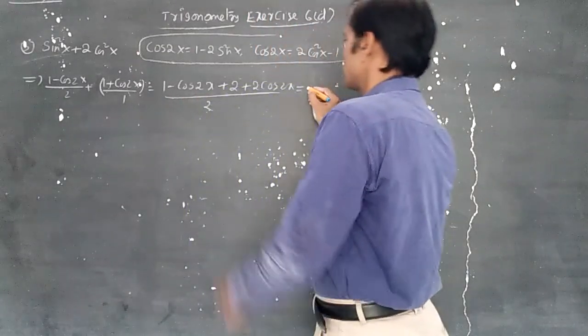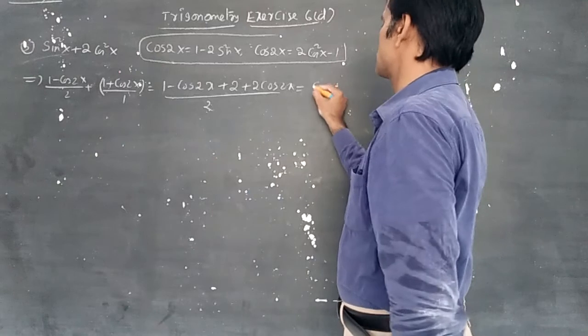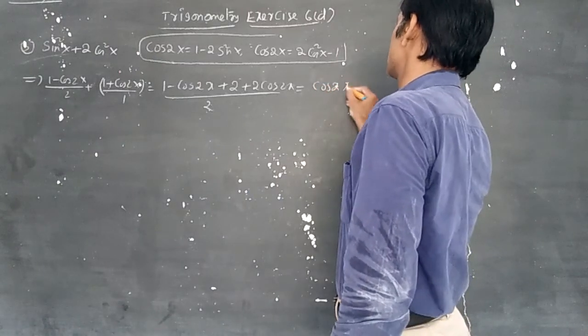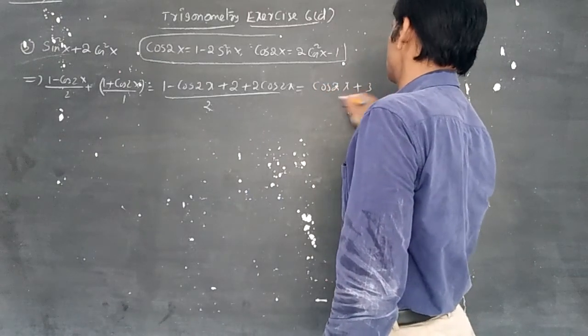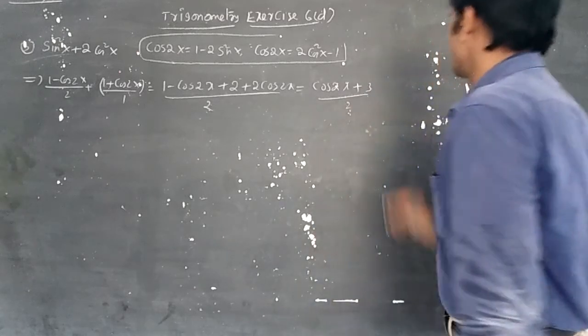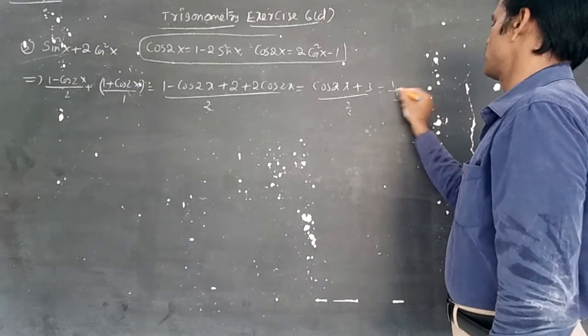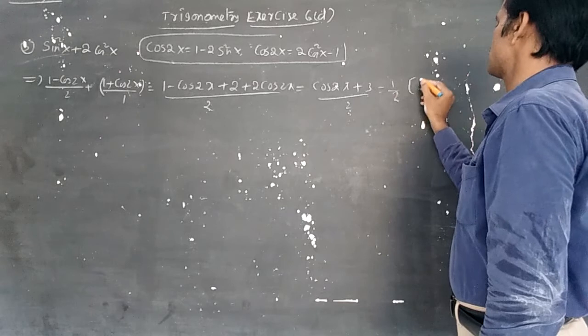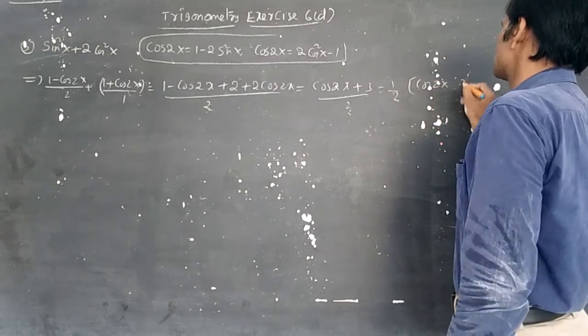So 2 cos 2x minus cos 2x gives cos 2x, and we get cos 2x plus 3 whole by 2. Now you can take 1 by 2 common: 1 by 2 into cos 2x plus 3.